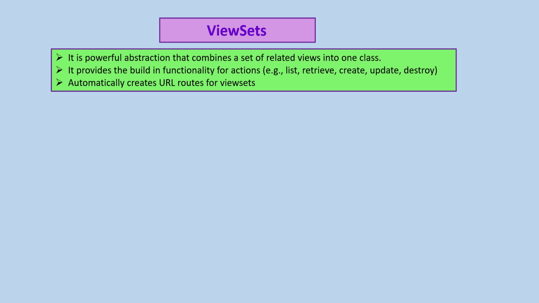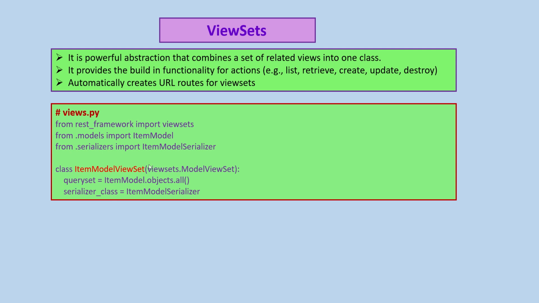So we don't need to write much code for CRUD operations; we only need to create a model, create a viewset, and register that viewset with the router. With that it will be done, and even URL creation will be automatic.